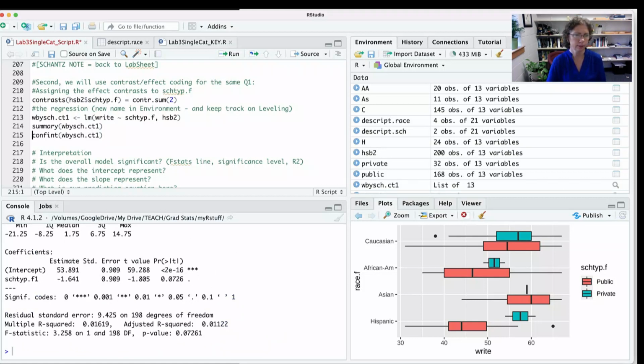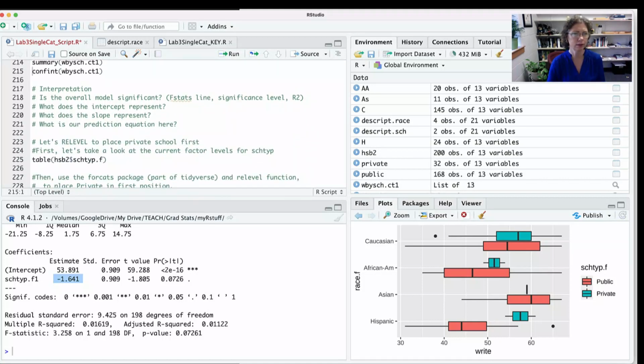So here's our grand mean, the mean of public and private. And here's the difference between who's coded as 1 and the grand mean. So who is coded as 1?